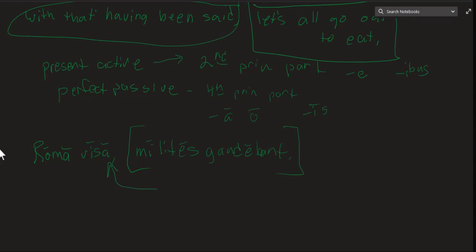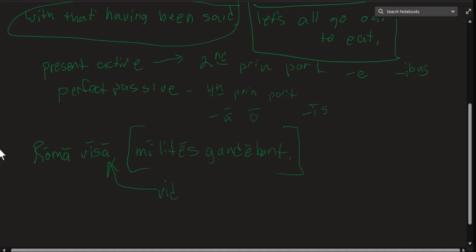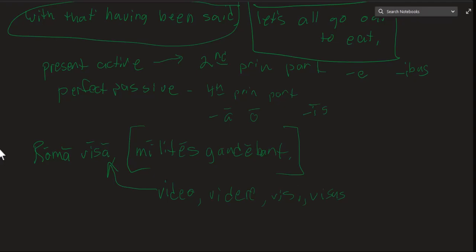So we look at visa. What verb does that come from? Video, videre, visi, visus, to see, or could be to seem. Here it is a perfect passive, so we see the first, second declension ending. And you translate an ablative absolute with this formula.